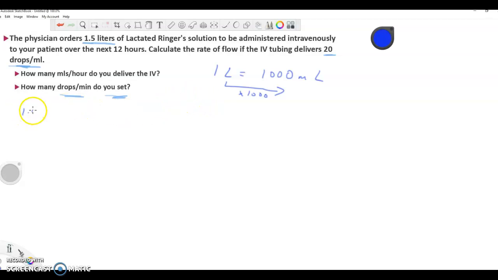So 1.5 litres equals 1500 millilitres. That's the total volume that's going to be delivered, the amount of fluid. And the time is 12 hours.